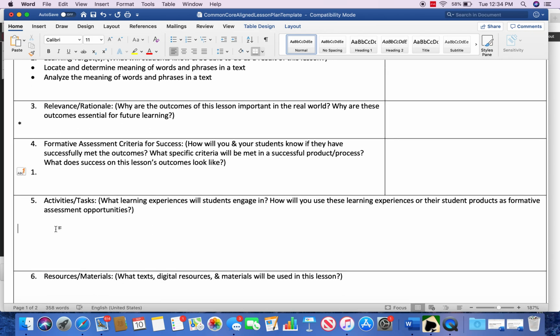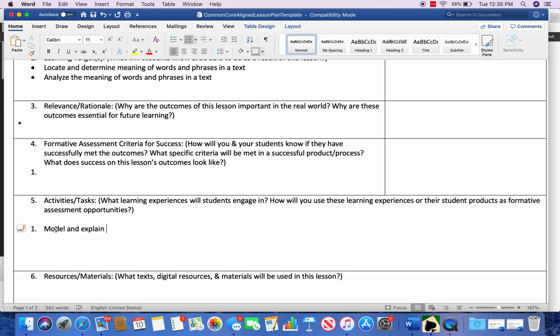What are the activities? First and foremost, you want to model and explain. You want to demonstrate to them, like I'm modeling it for you right now and explaining it to you right now.